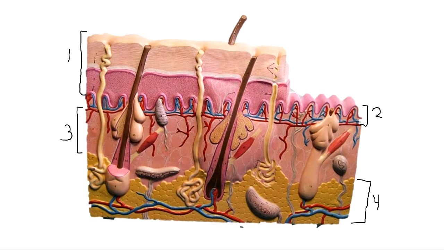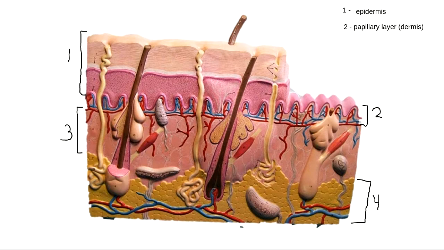All right, so help me out in the chat. Region number 1 of the skin. What do I call part number 1 in the skin? What's the outermost region called? The outermost region is the epidermis. So region number 1, epidermis. Okay. Region number 2 is what part of the skin? That uppermost part there, that's the papillary layer of the dermis. Yep.